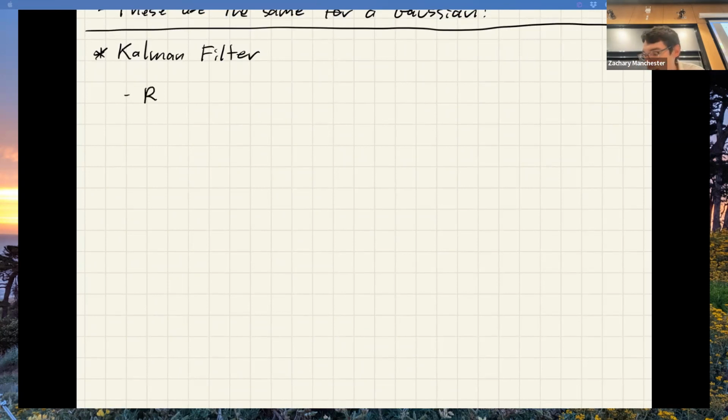So we're going to derive this as a recursive linear MMSE estimator. Each of those words, recursive, linear, MMSE, we're going to exploit in the derivation. There's a sort of fast, cheating way to get to the answer here, where I make those assumptions and it becomes easier.